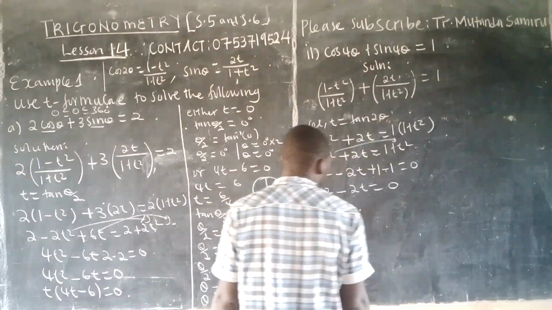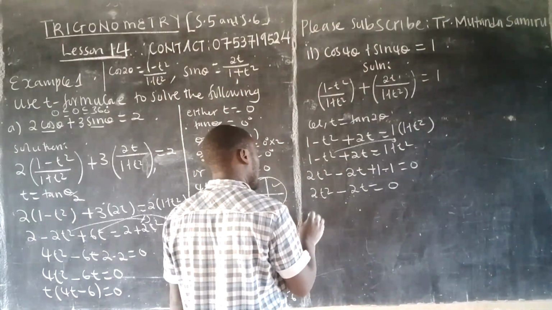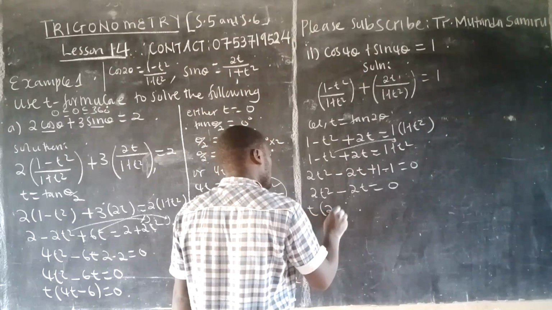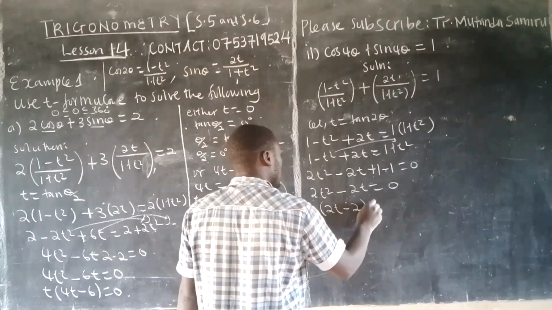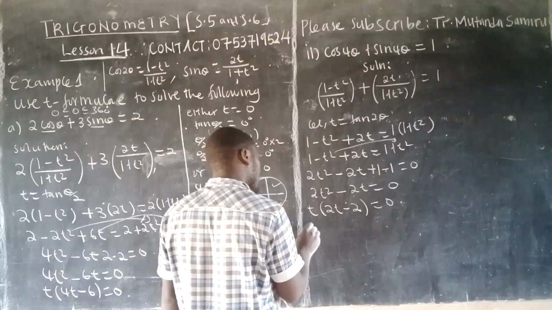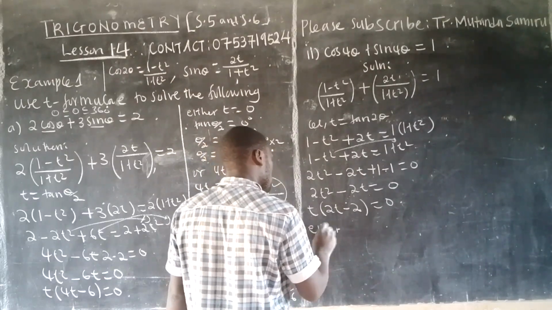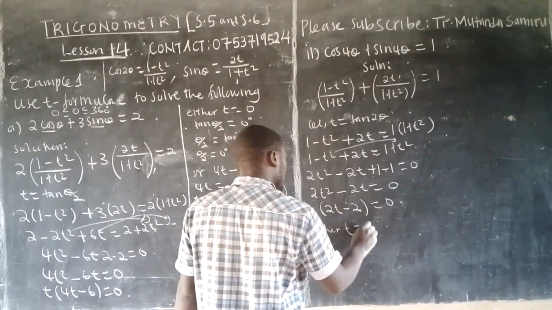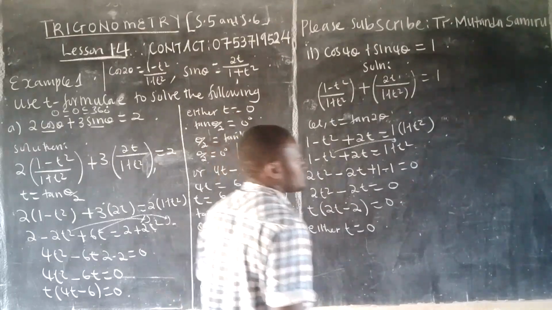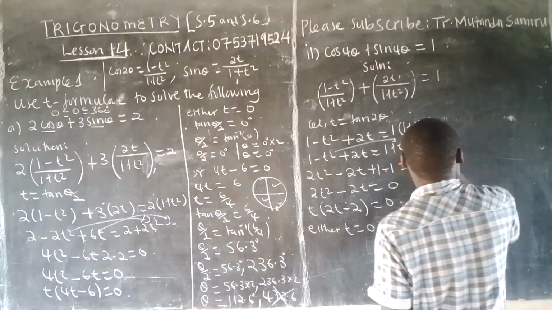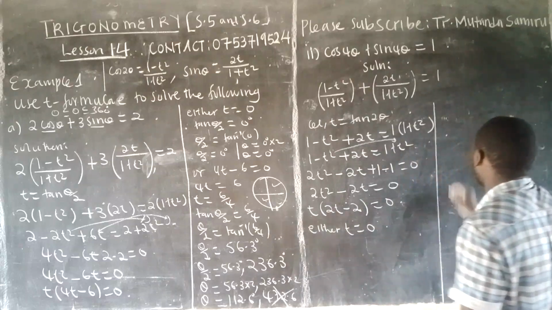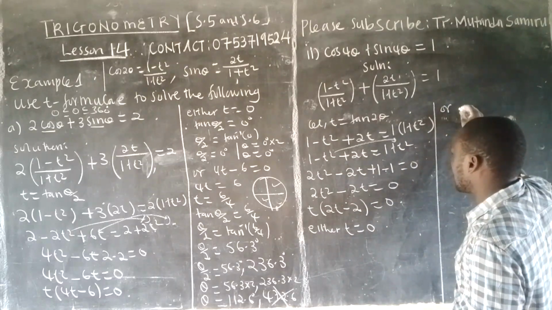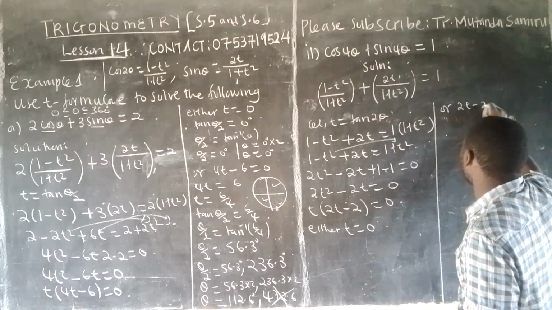So now what will this give us? Factorize. So T into (2T minus 2) is equal to 0. So either T is equal to 0, or 2T minus 2 equals 0.